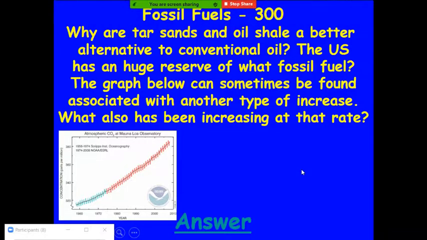Okay, why are tar sands and oil shale a better alternative to conventional oil? That sounds familiar too. The U.S. has a huge reserve of what fossil fuel? The graph below can sometimes be found associated with another type of increase. What has also been increasing at about the same rate, meaning the graph would have approximately the same shape?